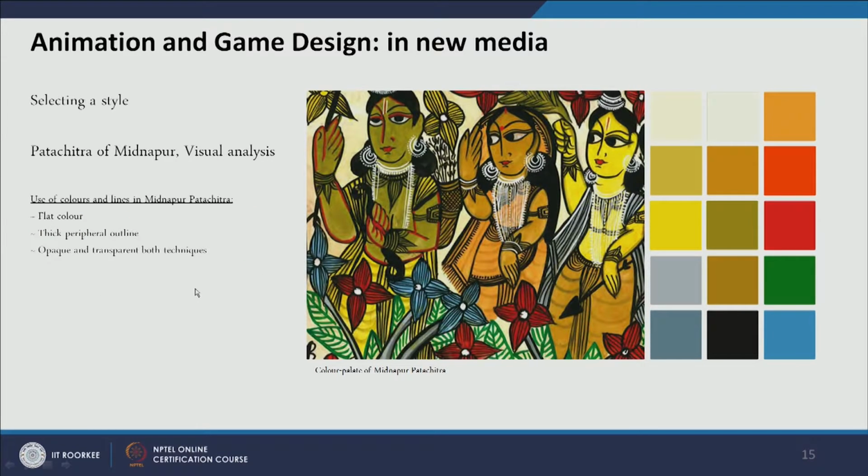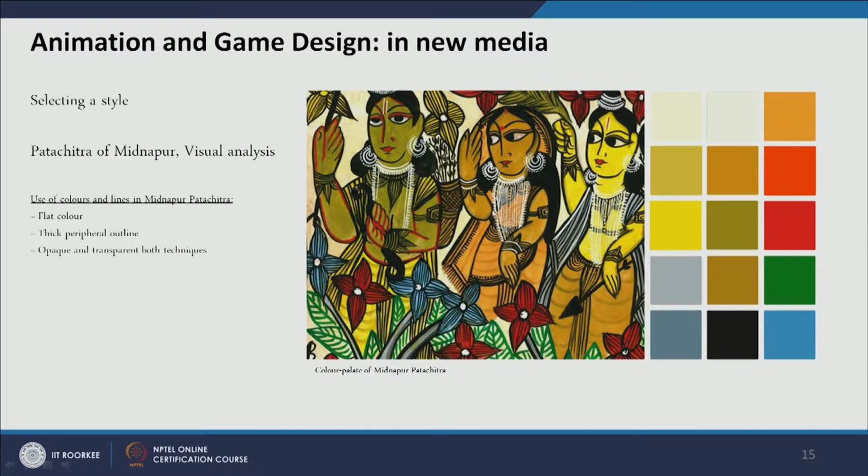So here is the stylistic analysis of design principles and elements of Bengal Patachitra. Here we can see the color palette is derived from this. So this is an element of design, and also the line quality, if we see in the photograph. There are black and red as well as white borders which they use for highlighting the figures.